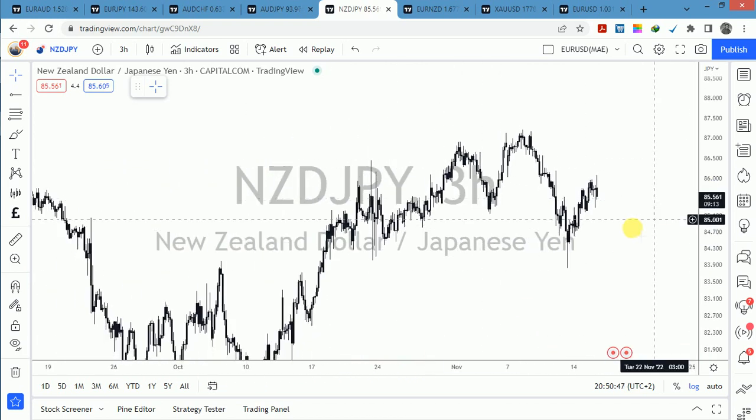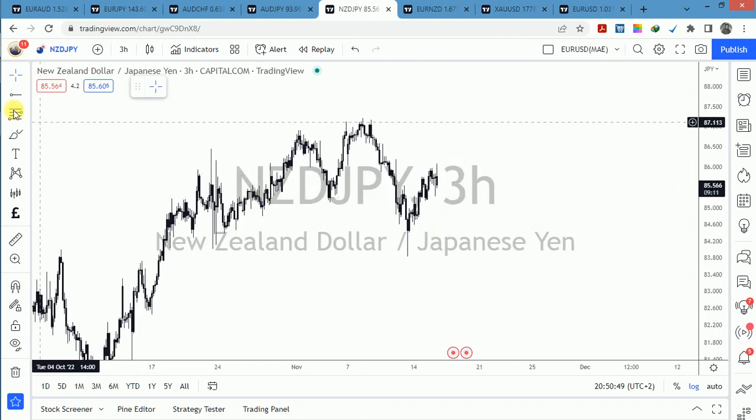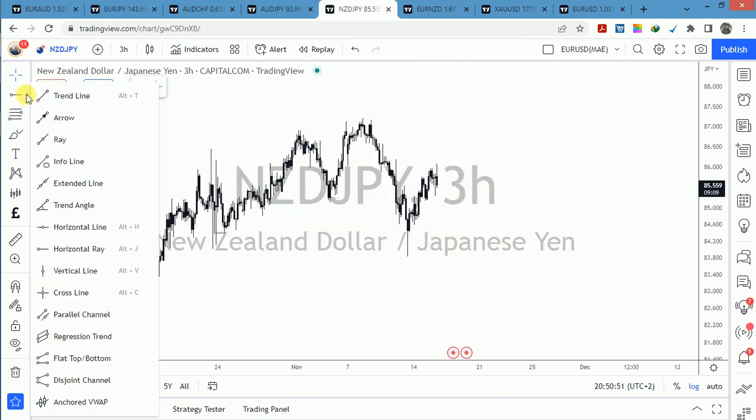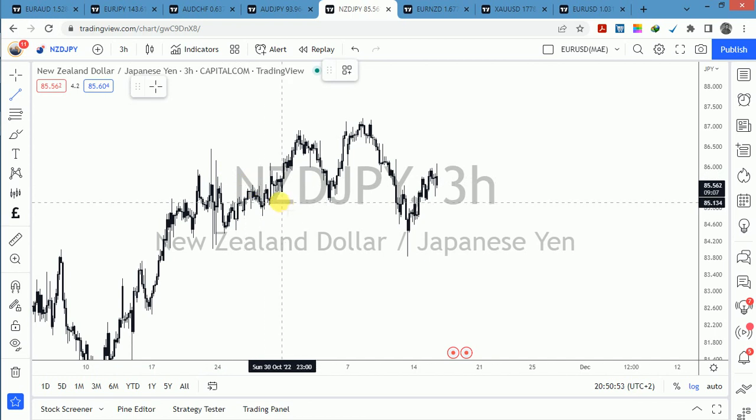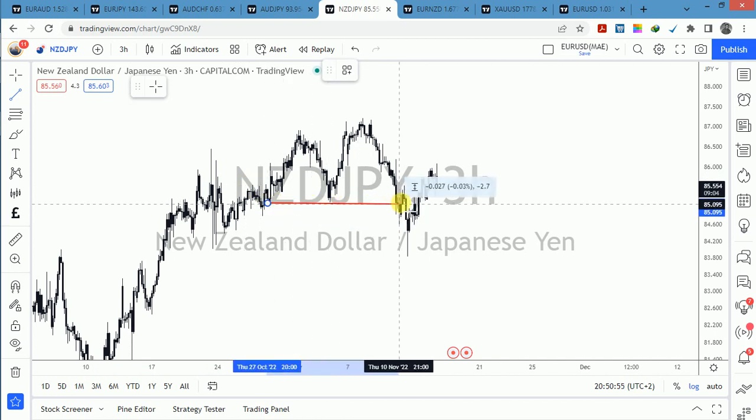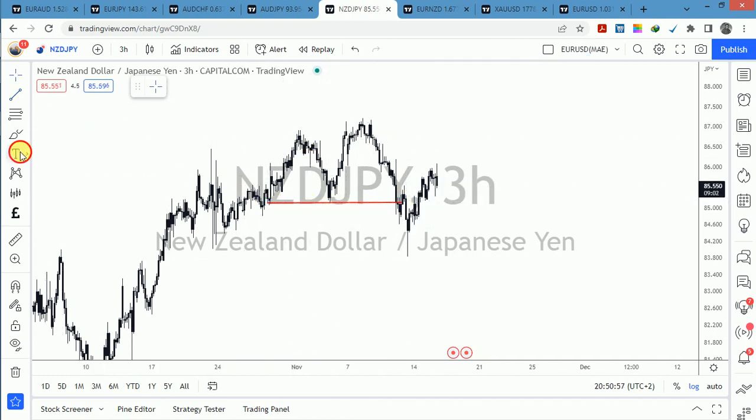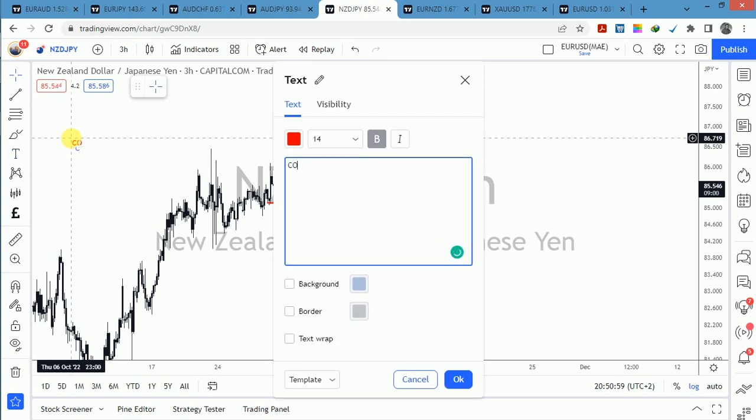NZD JPY, one thing that I can see here, we have a break, a change of character here. That's the first thing that I can notice.